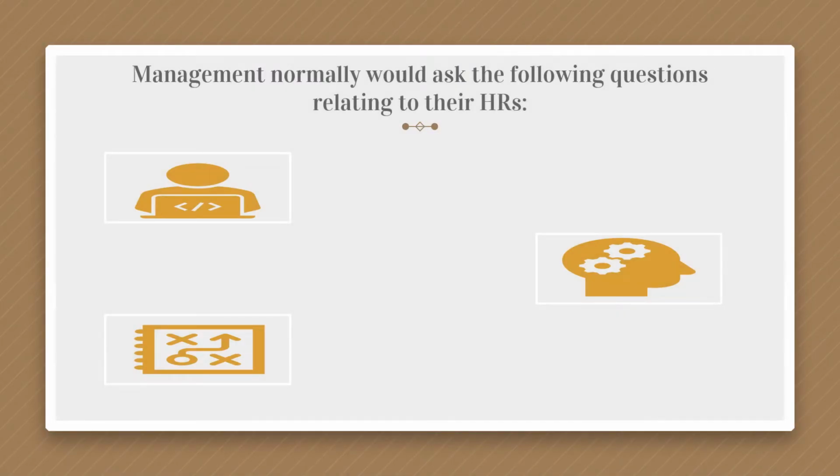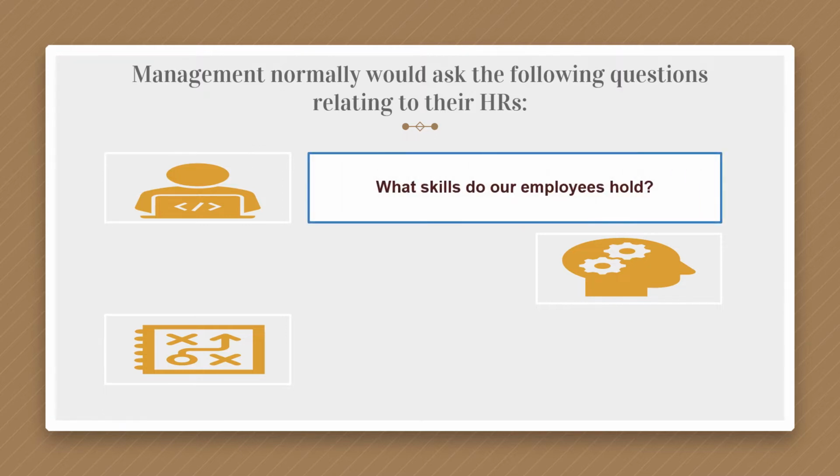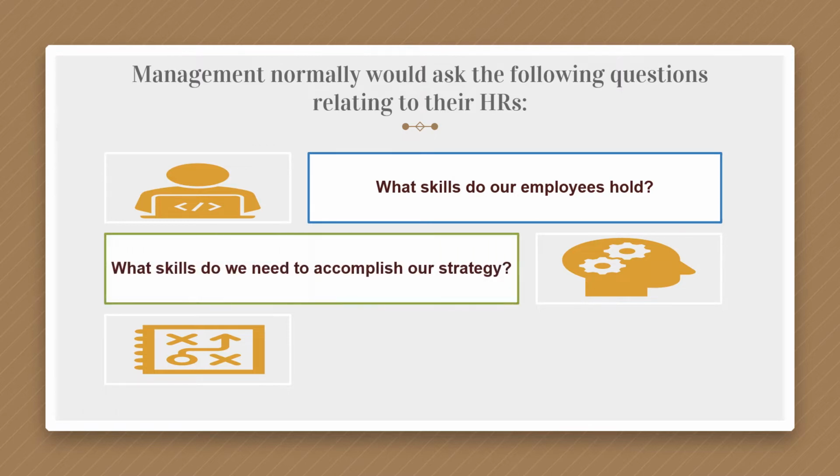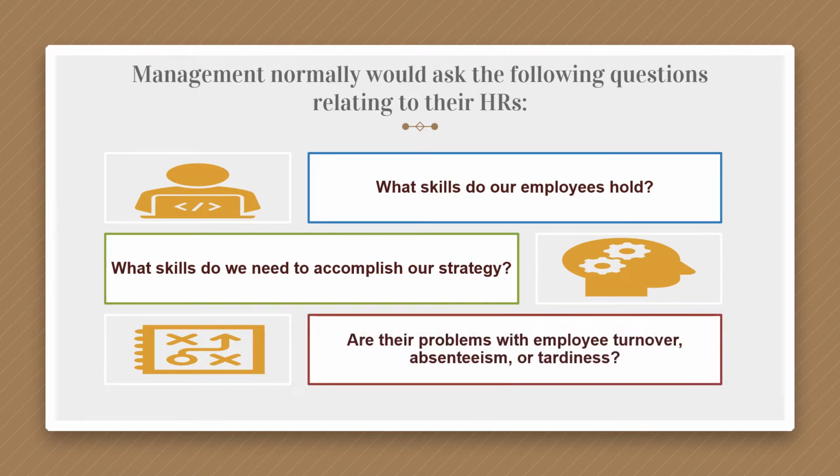Normally, management would ask the following questions relating to their HR department or HR system. First question, what skills do our employees hold? Second, what skills do we need to accomplish our strategy?